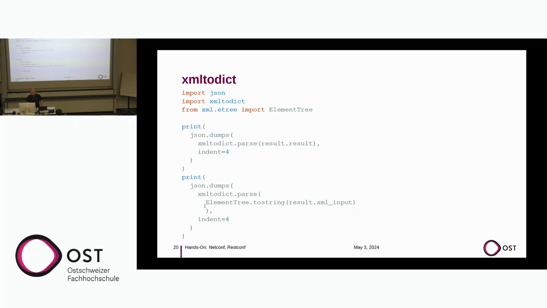But with XML, of course, we have a lot of support. We can have this XML library to work with the XML tree, all the fun stuff. And there is also one library which is worth mentioning, the xml2dict. So this converts an XML and generates us a dictionary or Python object.